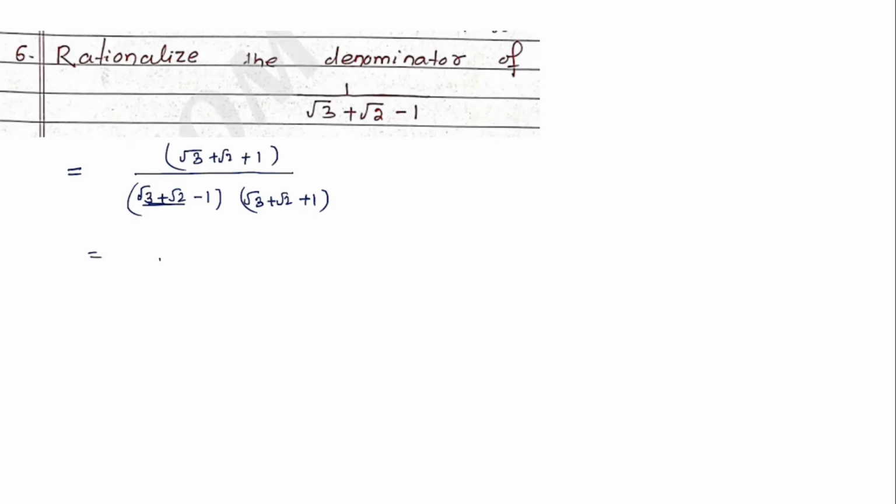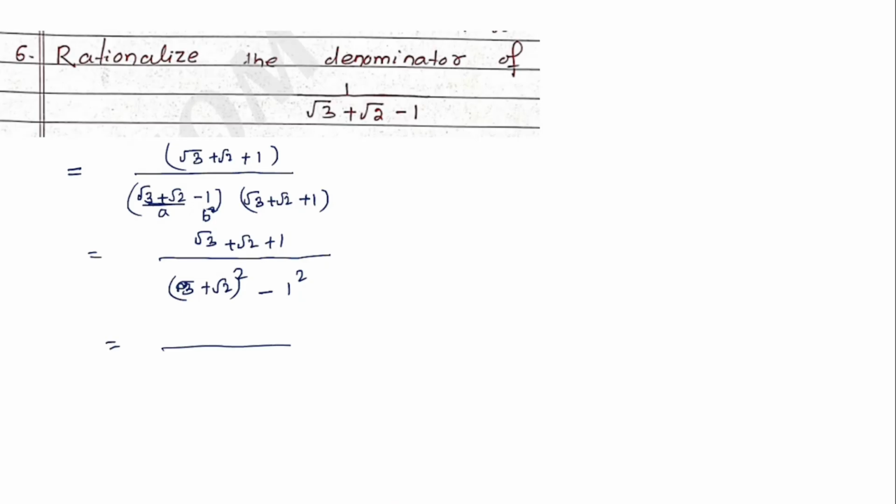Put the formula, a square minus b square. This is a and b, so a square means (root 3 plus root 2) square minus 1 square. Now root 3 plus root 2 plus 1.